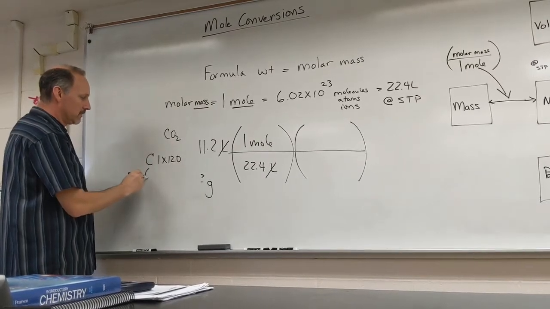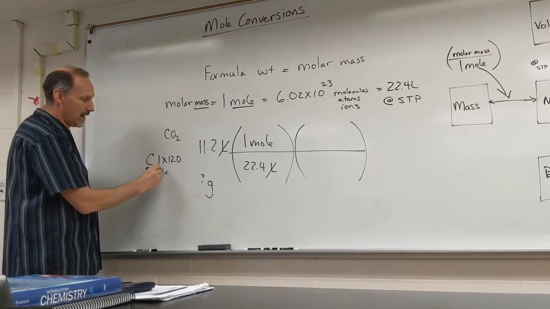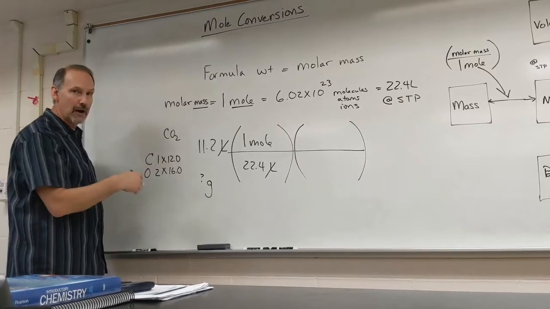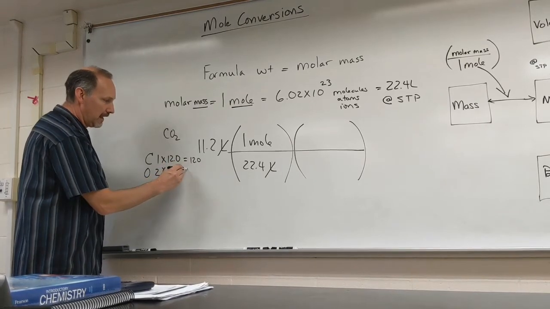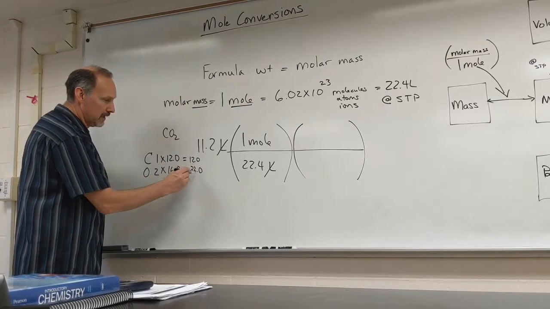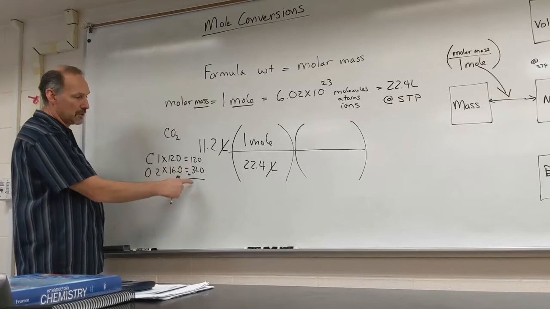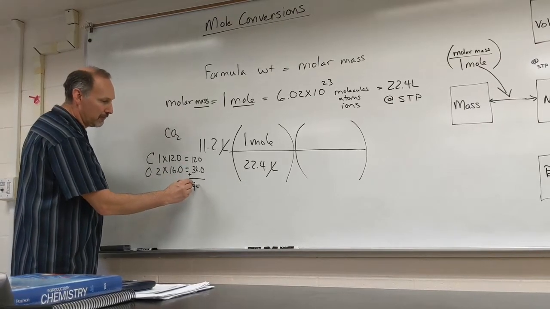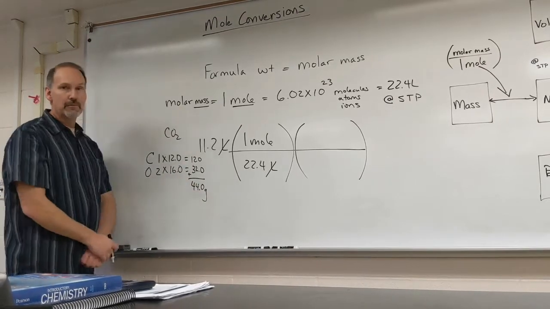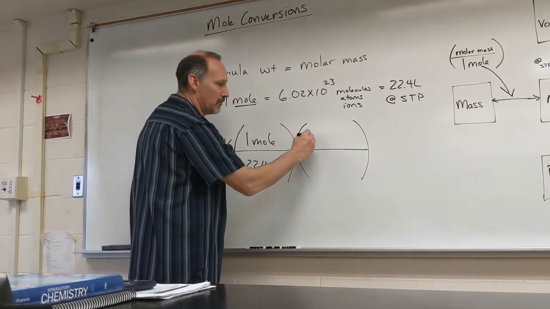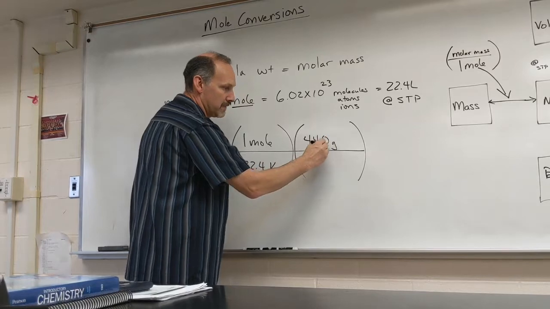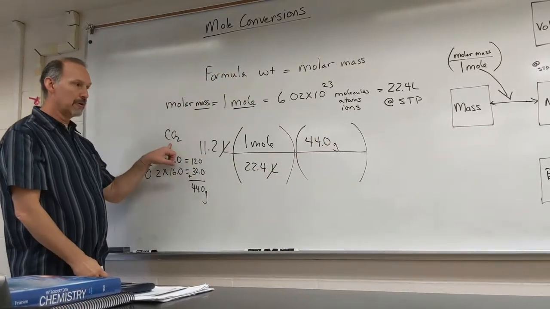Oxygen has two of them, and they weigh 16.0, rounded off. So I would multiply them through, I would get 12, and I would get 32. If I added those two together, I would end up with 44 grams for the formula weight. And so I put that on top, molar mass, for carbon dioxide, 'cause that's the compound we're dealing with.